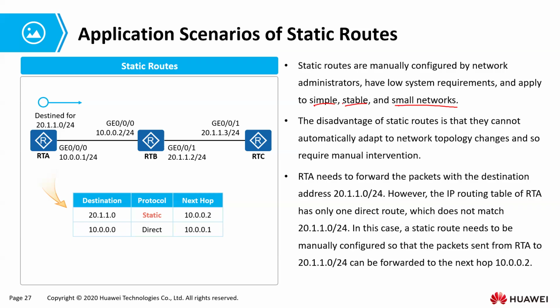We have default routes. A default route means that if a packet doesn't match anything in the routing table, then it is forwarded to the default static route. That route is usually a static route. Why? It's simple to configure. We know our destination is outside our network, usually the internet, and we use a static route to configure that.